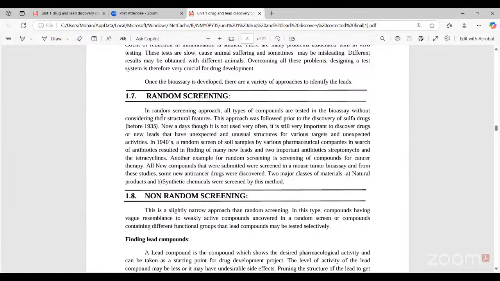In the random screening approach, all types of compounds are tested in the bioassay without considering their structural features. This approach was followed prior to the discovery of sulfa drugs.